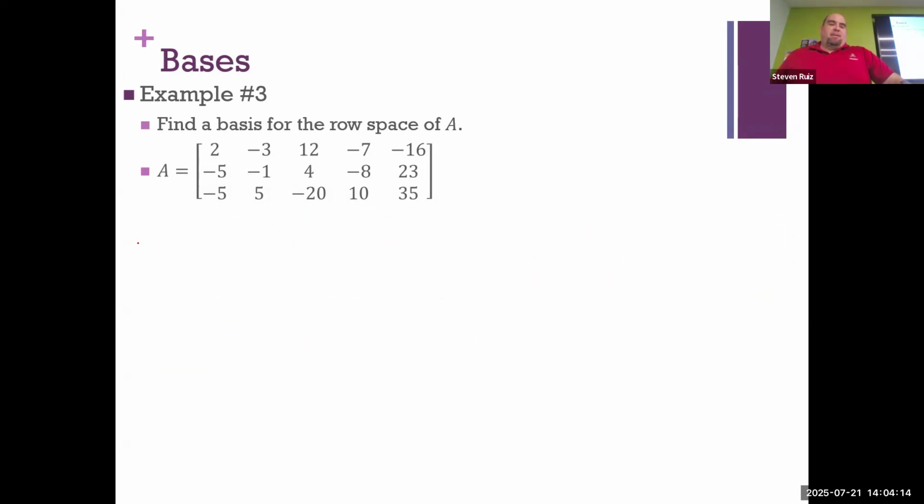So basically what I'm looking at is all the linear combinations that look like this: -2, -3, 12, -7, -16 times C1.